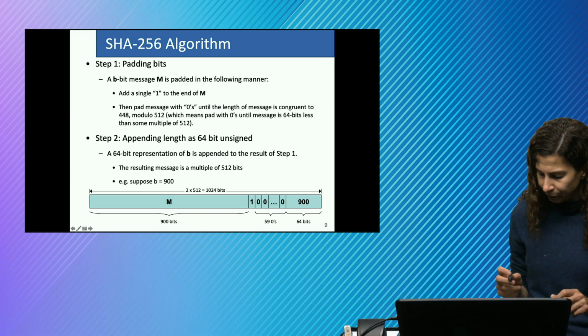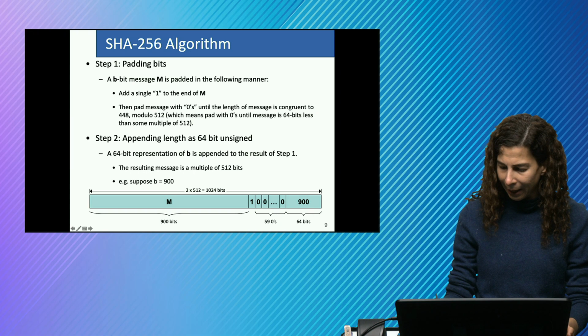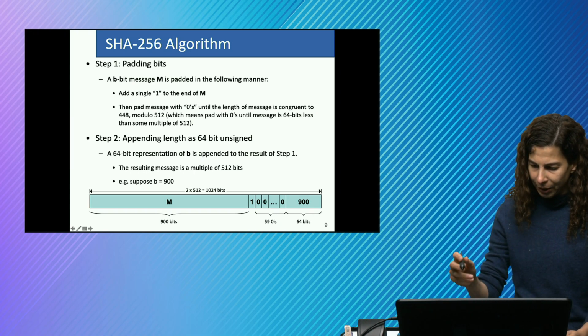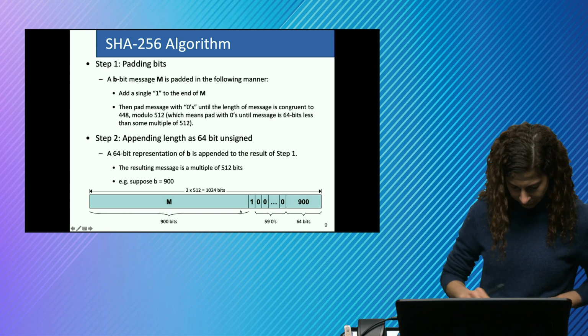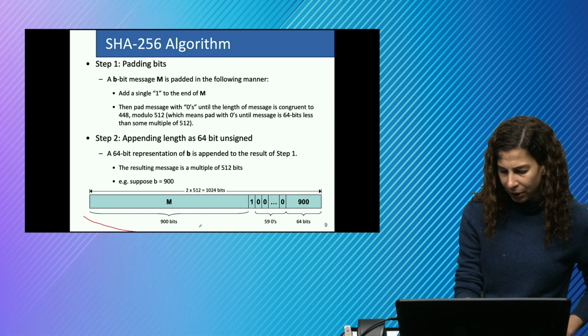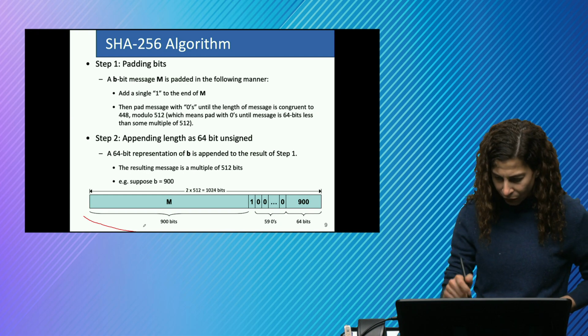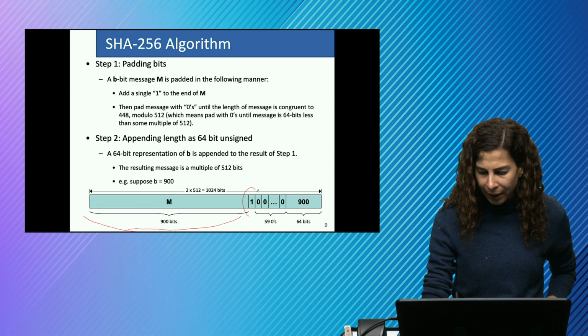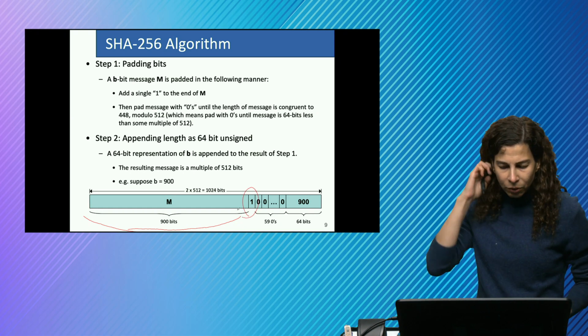Basically, this becomes a 512 bit. So in short, what will happen is that we have the message M. In this particular case, this message M is 900 bits. Then we have the number 1 appended to this.